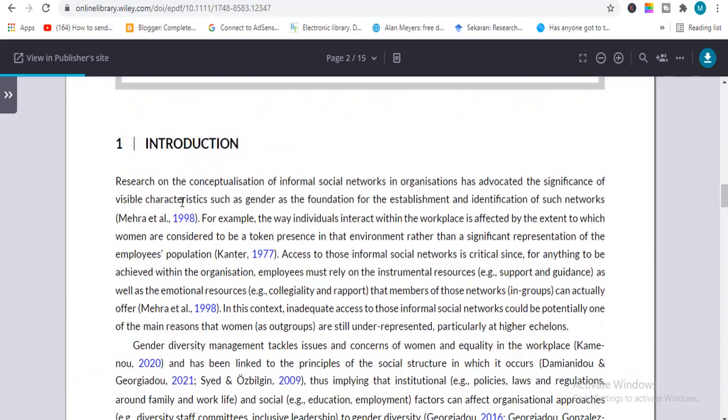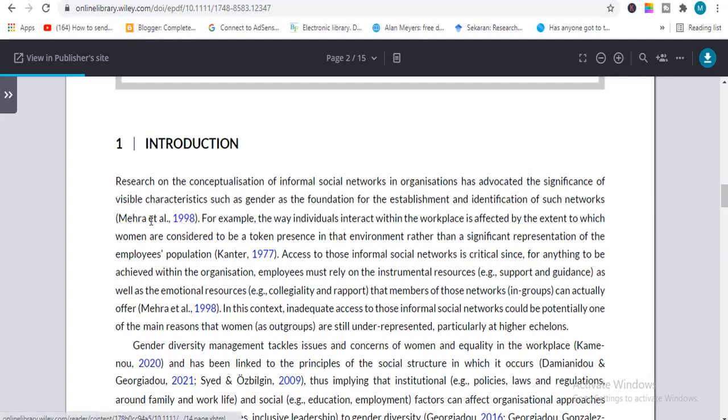As you can see, they are starting with research on the capitalization of informal social networks in organizations has advocated the significance of visual characteristics such as gender as the foundation of the establishment and identification of such networks. So as you can see, they are starting with general context and they are giving in-text references as well.